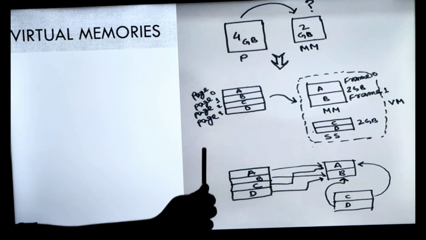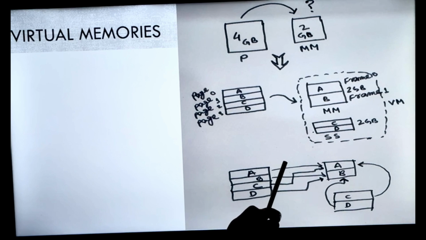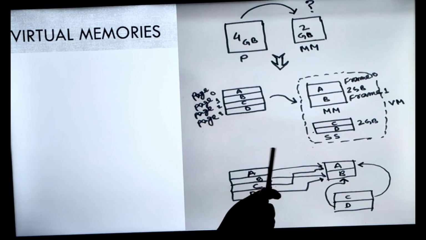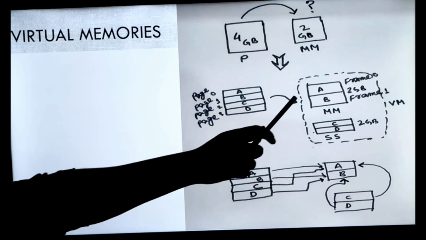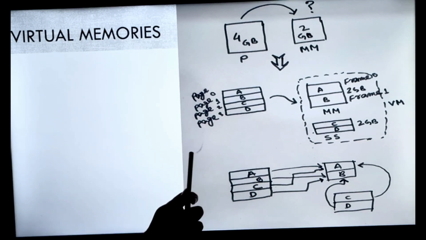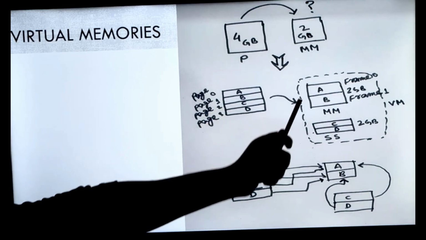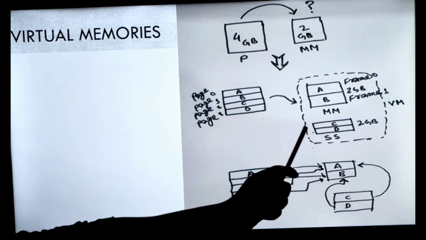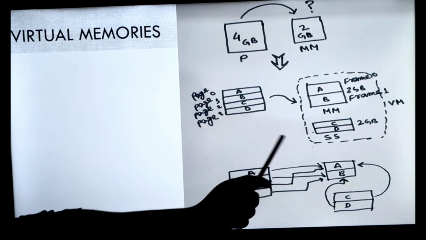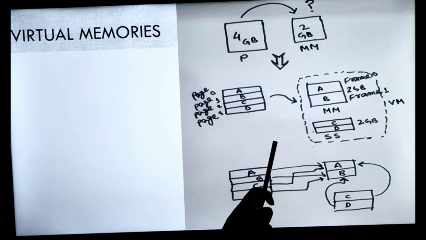Because your processor will assume that you have enough memory, that's why you accepted to execute this program. Your processor never cares about how much RAM you have. When you have accepted, your processor will assume that you have enough memory. So your processor will generate an address of, sorry, 4 GB, not 2 GB. Although you have only 2 GB RAM, it will generate the address of 4 GB.